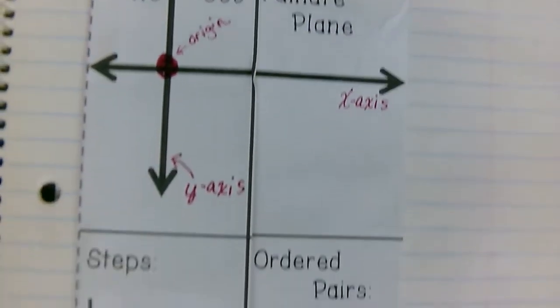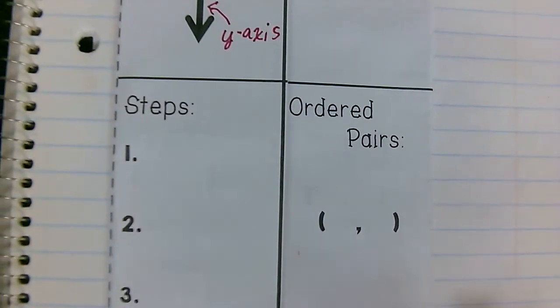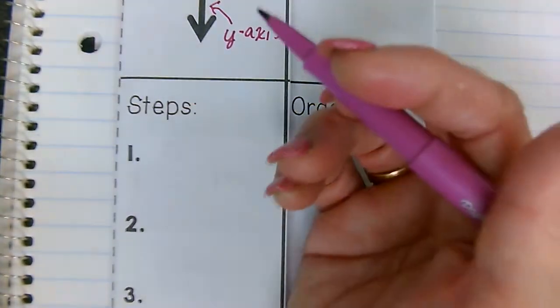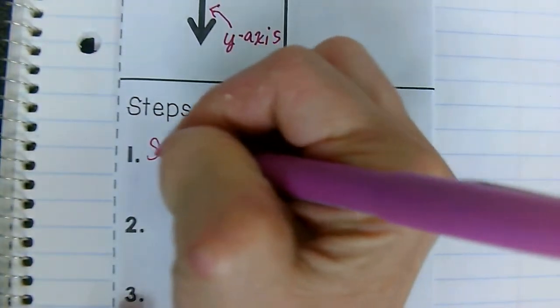Alright? And let's talk about some steps down here for graphing ordered pairs. Step 1 is you're going to start at the origin.